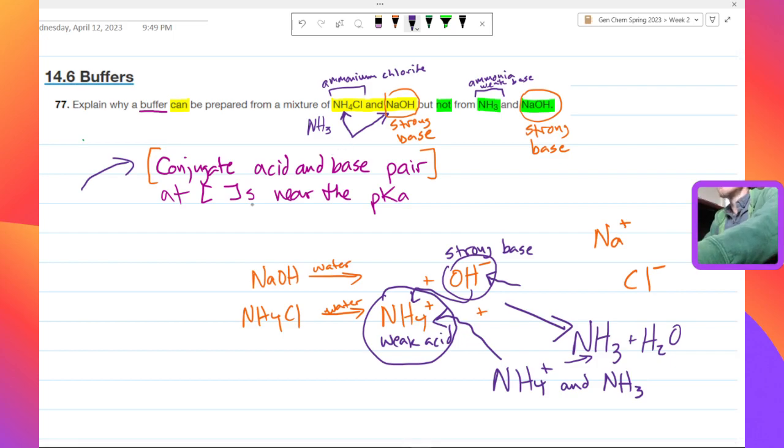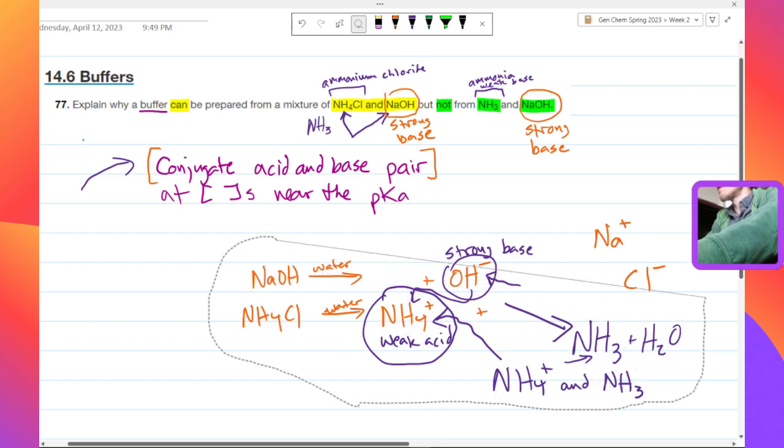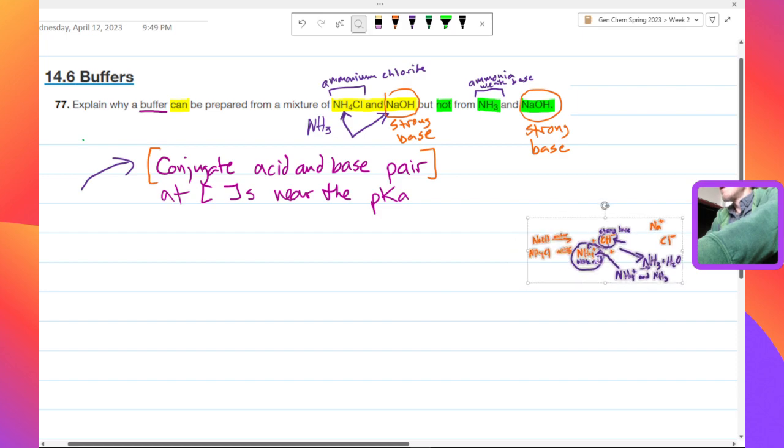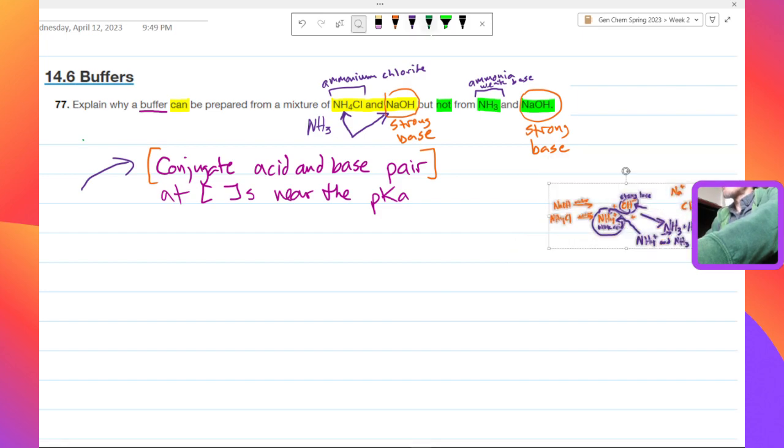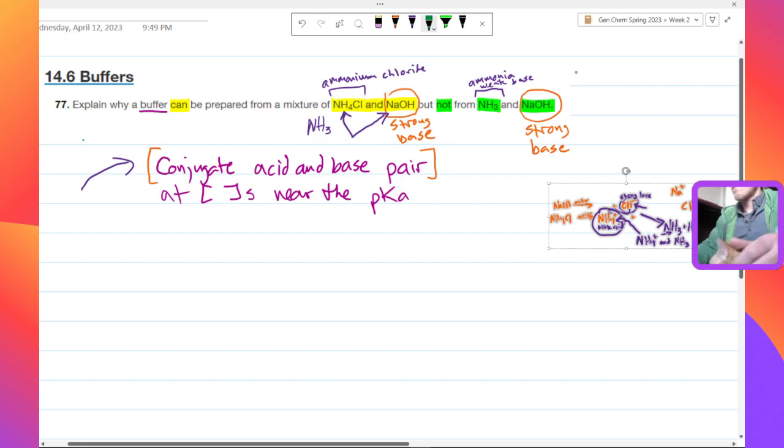So in the other case, let me make this stuff all small here. There we go. Ammonia, NH3, if anything, is a base itself already. It's a weak base.